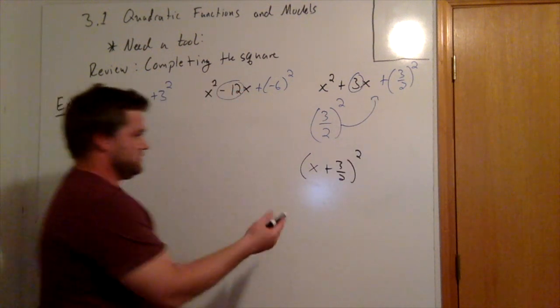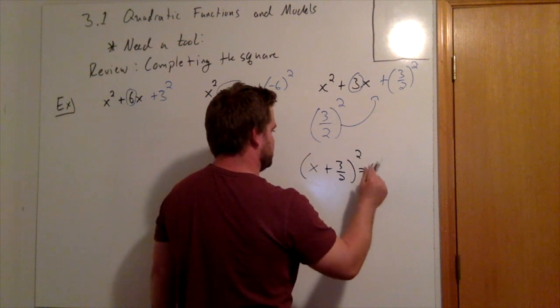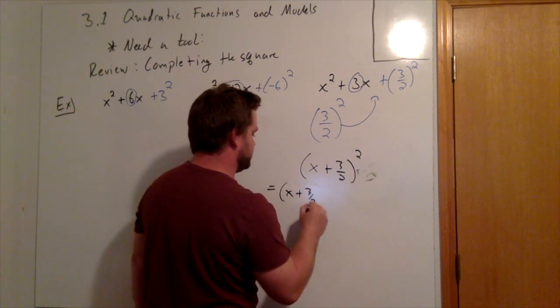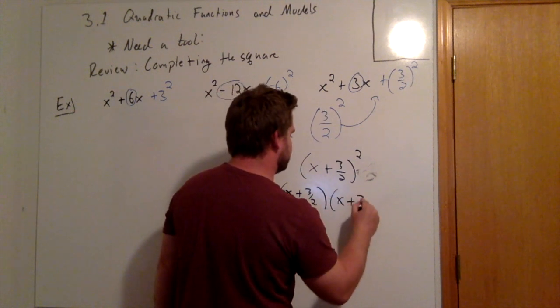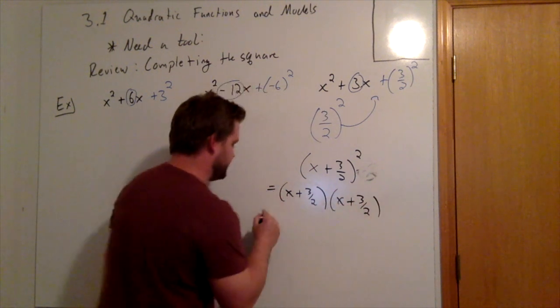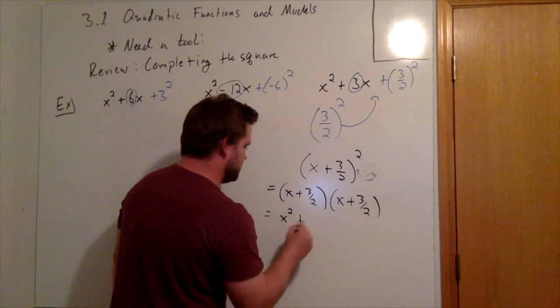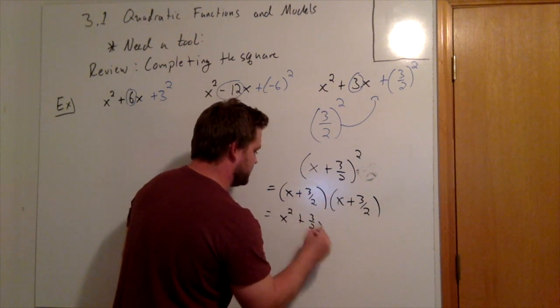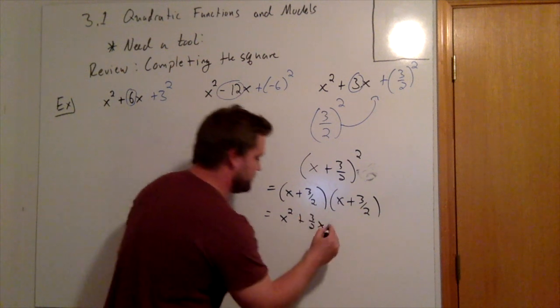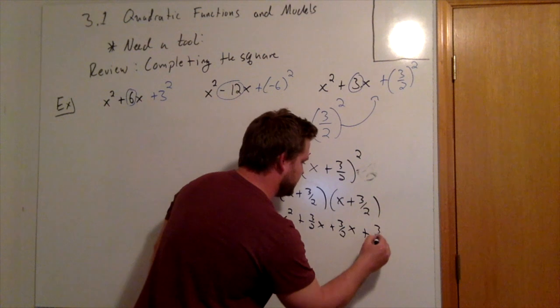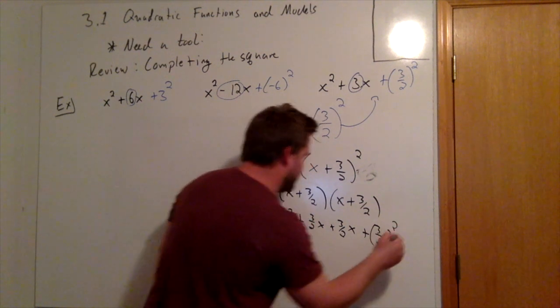To check how this is working, let's FOIL this out. This is the same as x plus 3 halves times x plus 3 halves. So I'll get an x times an x, an x squared, plus a 3 halves x plus another 3 halves x plus a 3 halves squared.